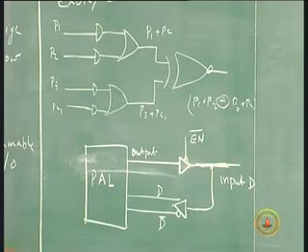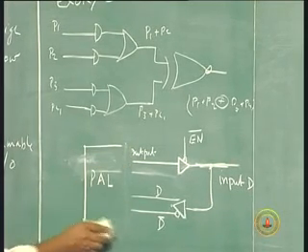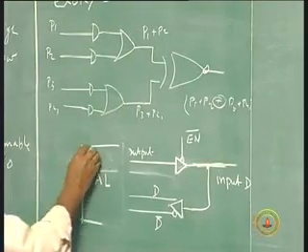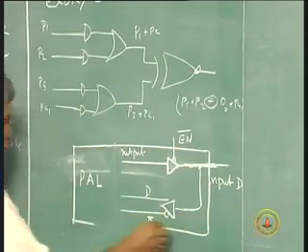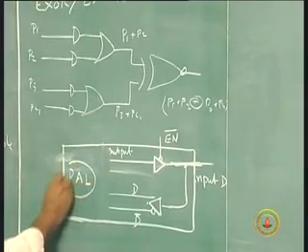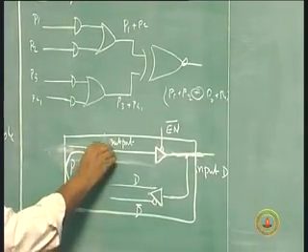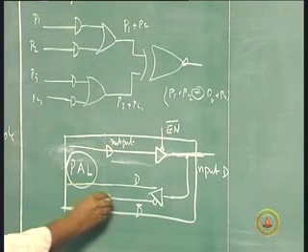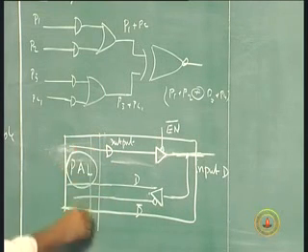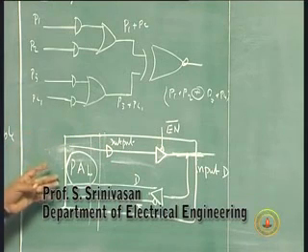Of course, this PIL is only my artificial, but the PIL is really the whole thing. This is the rest of the circuitry. Because this will come from a combination of AND gates, and this will go as inputs for all that type of thing. So the total thing is a PIL.